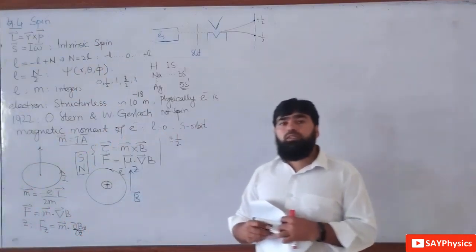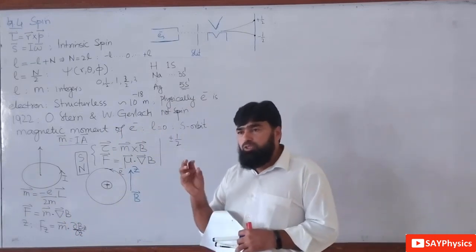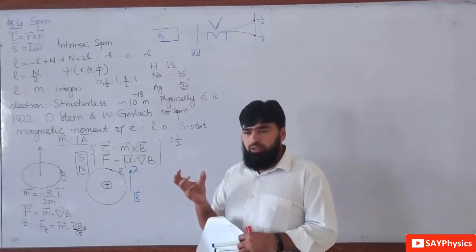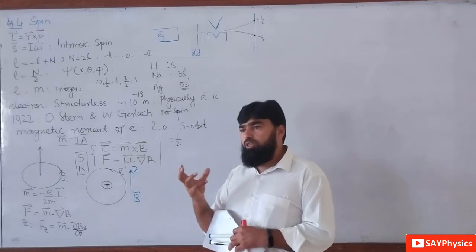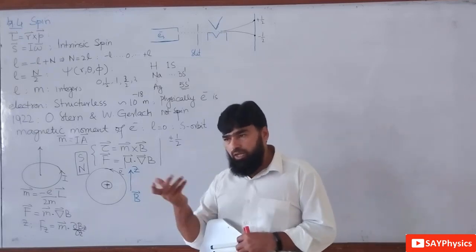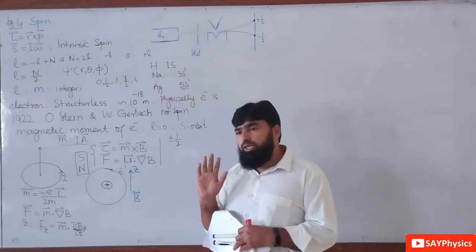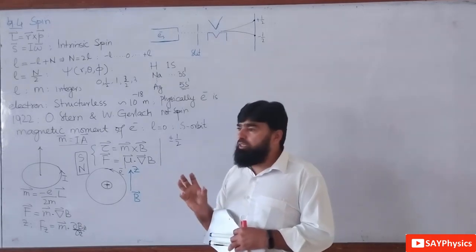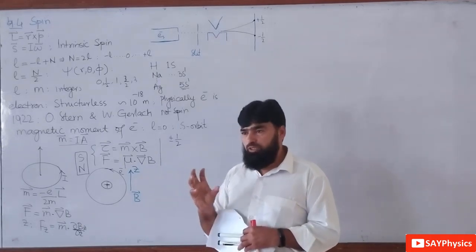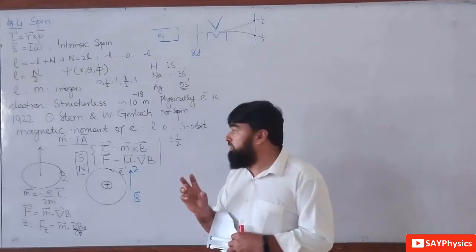If I consider Earth is spinning, it means the dirt and the sand and all the ingredients of it are actually spinning. Right? That I understand, because our Earth has some structure, it has some ingredients.